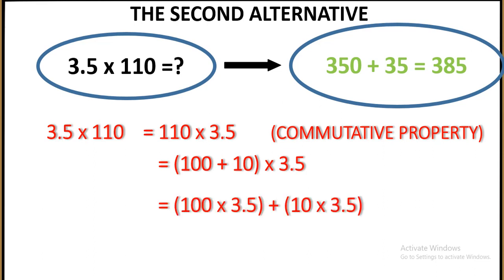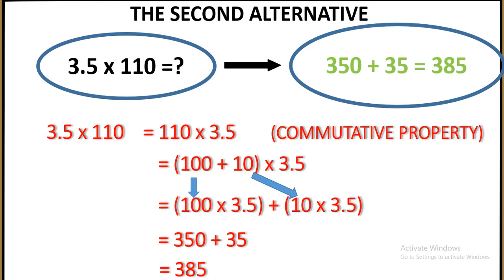Both parts of 110 we multiply by 3.5, and we get the result of each, that is 350 and 35. So we get the final result, that is 385.